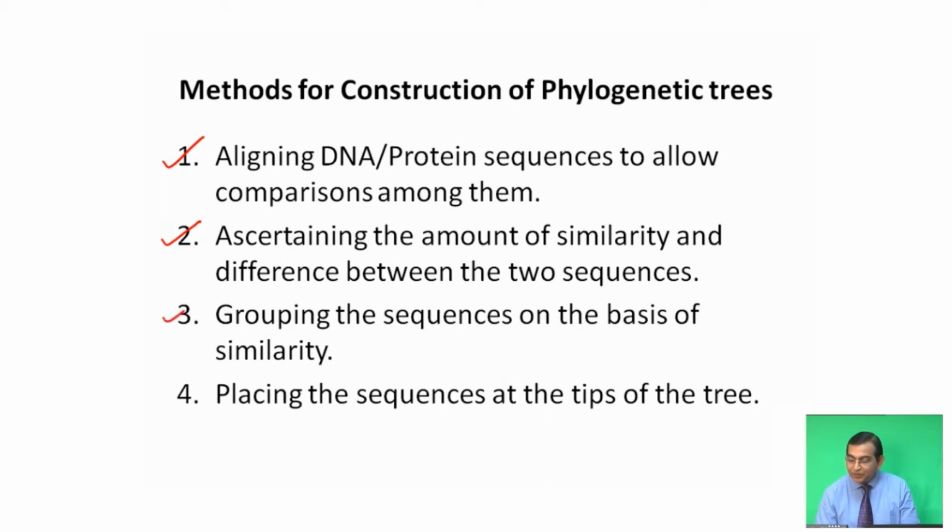Third, grouping the sequences on the basis of similarity. Fourth, placing the sequences at the tips of the tree. On the basis of this method, phylogenetic trees can be constructed and evolutionary relationships between the different species could be established.